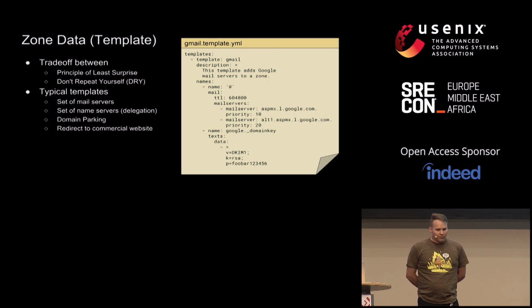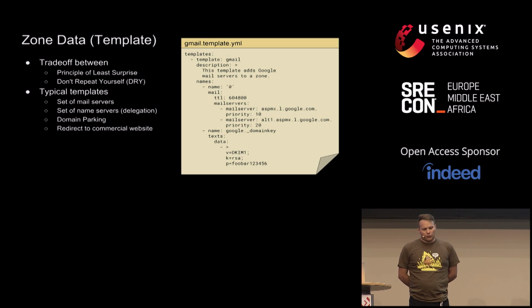If I have 200 domains and all of these domains are handled by Google Mail, then I definitely don't want to put my whole set of name servers in every configuration file, especially if I want to change something. So the trade-off between those two principles is where the templates live.